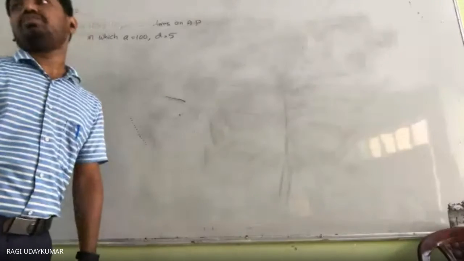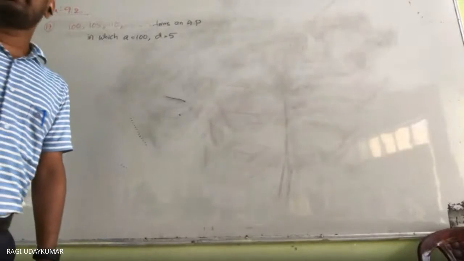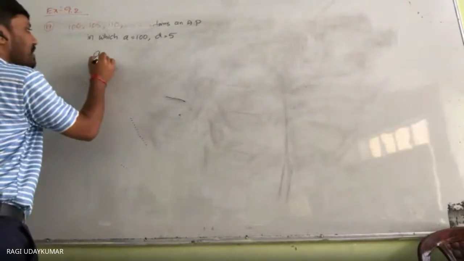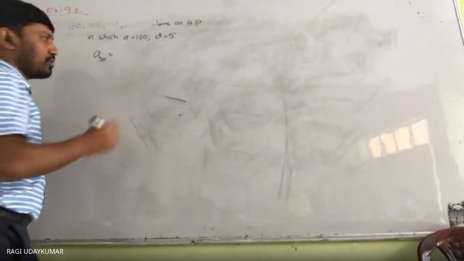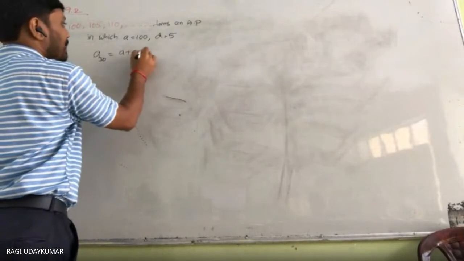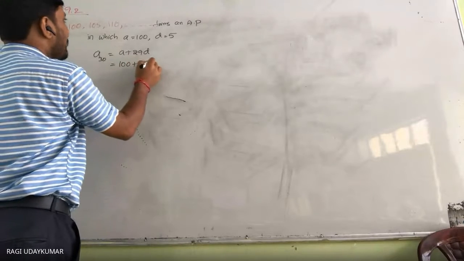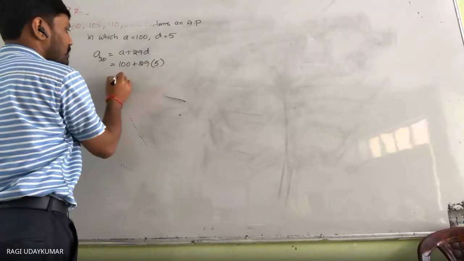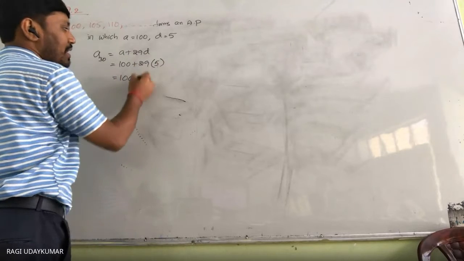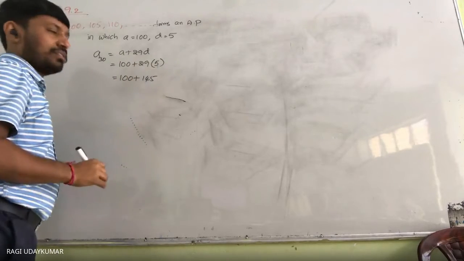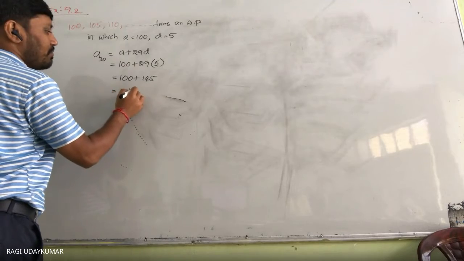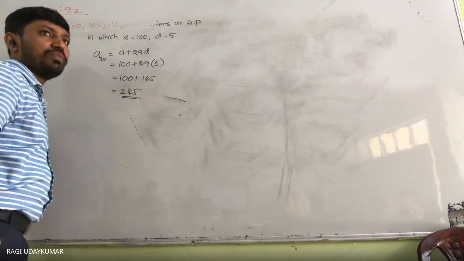The 30th installment is what is being asked, and whenever the 30th installment is asked, you need A30. A30 is equal to a plus 29d. So a is 100 plus 29, d is 5. Just do 100 plus 29 times 5, that is 145, which is equal to 245. He will pay 245 rupees.